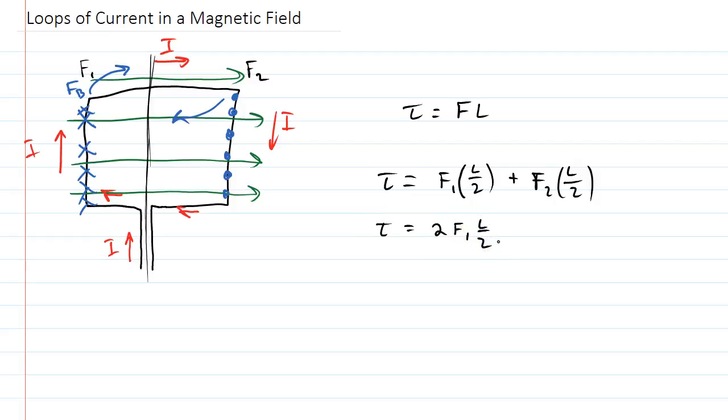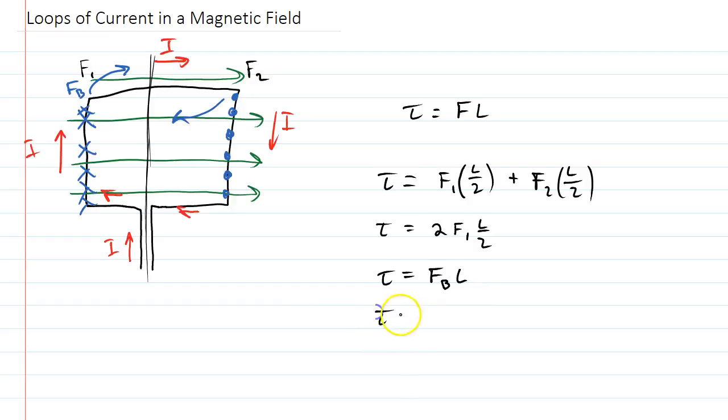Because they're going to have the same exact force, you can shrink it down to one force, F1, and then the 2 over 2 cancels, so the torque is going to be the force of magnetism times L, the length of one of the sides of the square of this loop.